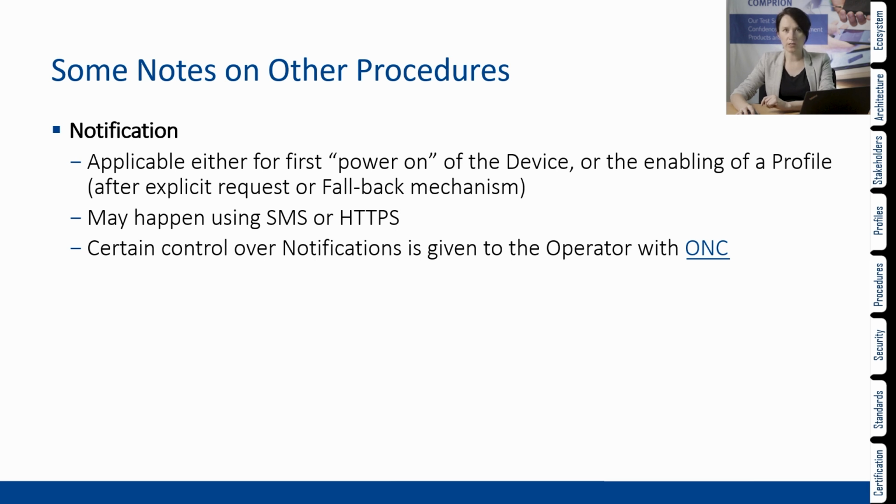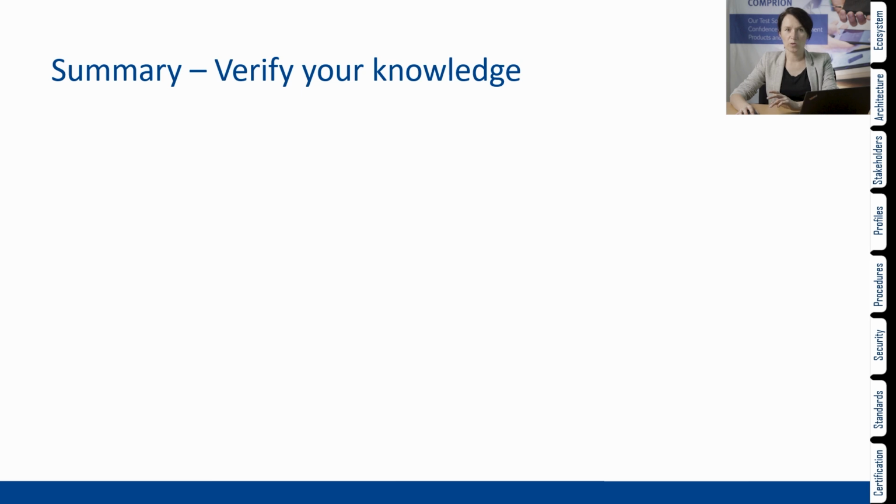Now we went through almost all of the procedures, in the general overview and going deeper in some other procedures. Let's go to the summary, or just to the check.